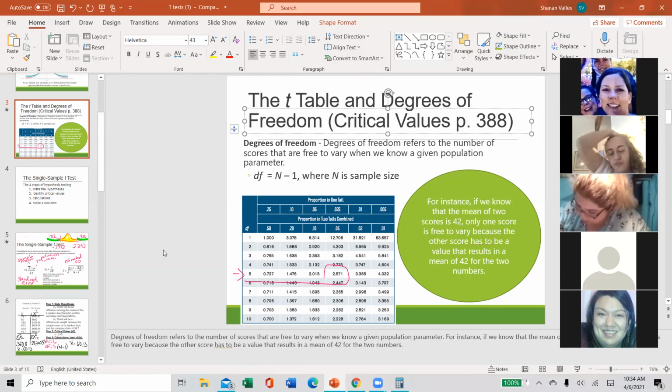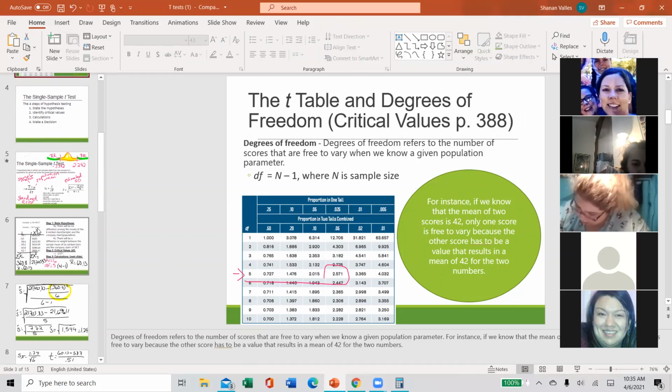In our course documents, I'll put the T-table as a standalone chart, a page, if you guys want to print it. So it's in the back of the book, page 388. It's the complete table. It's only one page, okay? And that's how you find that.